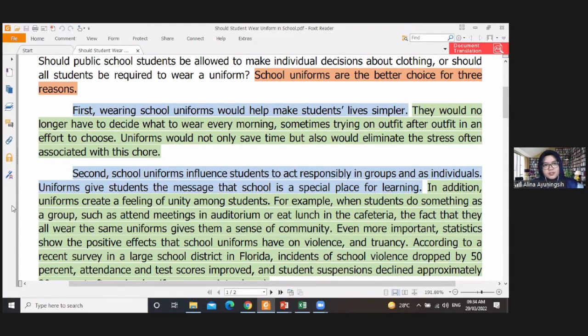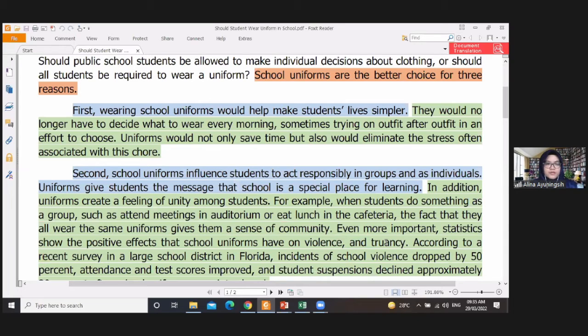In addition, uniforms create a feeling of unity among students. For example, when students do something as a group, such as attend meetings in auditorium or eat lunch in the cafeteria, the fact that they all wear the same uniforms gives them a sense of community. Even more important, statistics show the positive effects that school uniforms have on violence and truancy.